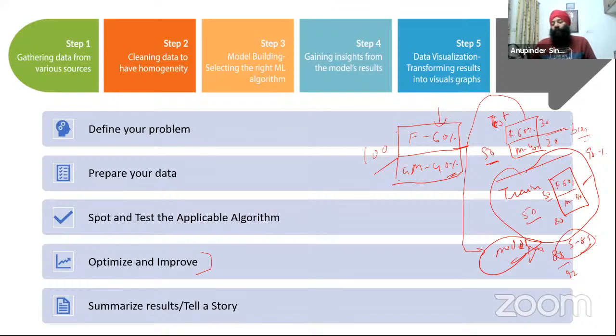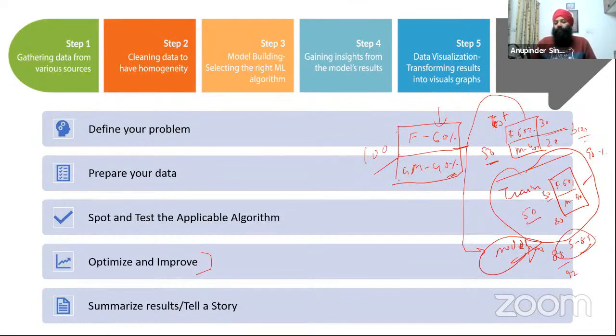So that becomes your fourth step, where you gain the insights from the model results by generating visualization, then fine tuning the model, and retesting it again corresponding to your particular set of prediction statements. Then at the end you have to summarize your results or tell it as a story.